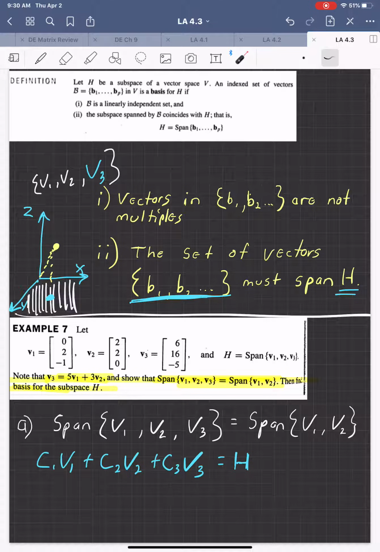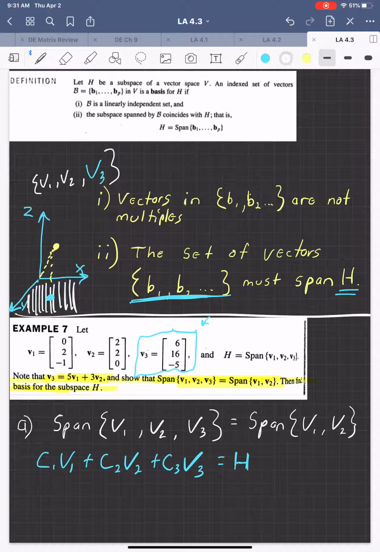So we want to show that the span of those three vectors is equivalent to the span of the first two vectors. In other words, this vector right here is just garbage. It's contributing no help. So we could throw this out and we would still have the same shaded region as we had when we started.